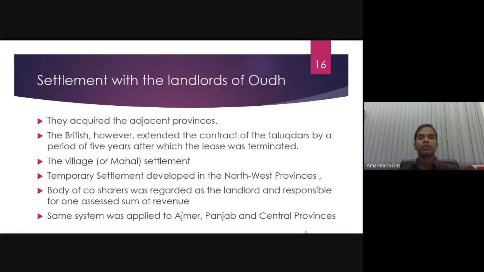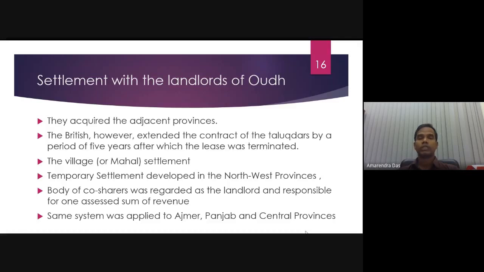And then we see that the village settlement, or you can say the Mahal settlement, was introduced in the Oudh region. And the temporary settlement developed in the northwest provinces, where the body of the co-sharers, or a group of farmers, basically the village, was given the power to do the cultivation, collect the revenue and make the payment.